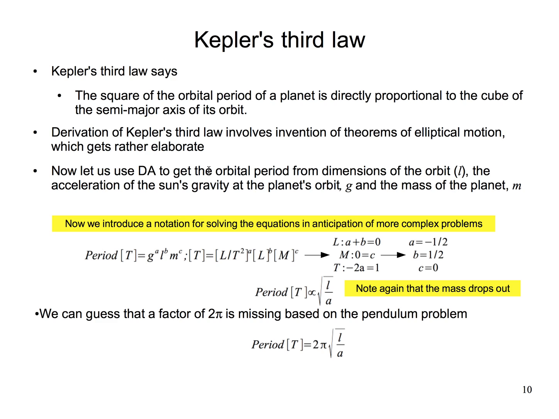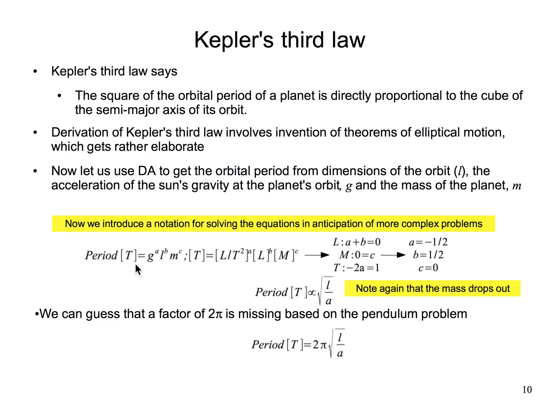So we've already said that the size of the orbit, the acceleration of gravity at the location of the orbit, which we'll call g, and the mass of the planet, m. Those are the only three things we can identify that might be involved. So the idea is to write down a sort of a dummy equation.